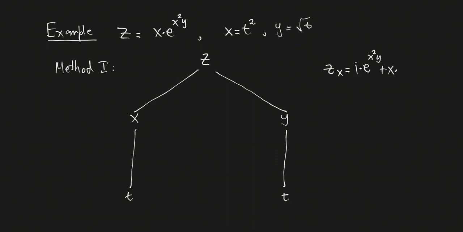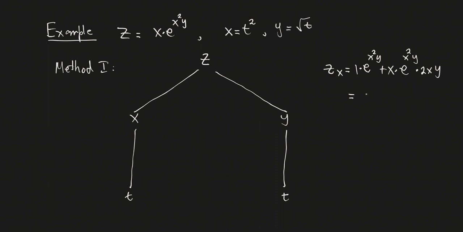Because it's an e, I'll first get back the e to the x squared y, and then I need to multiply by the derivative of what's inside with respect to x. With respect to x, we treat y as a constant, so I'll bring down the y and then apply my power rule to the x squared, and I'll get 2xy.